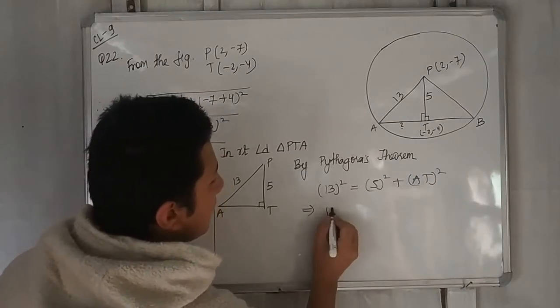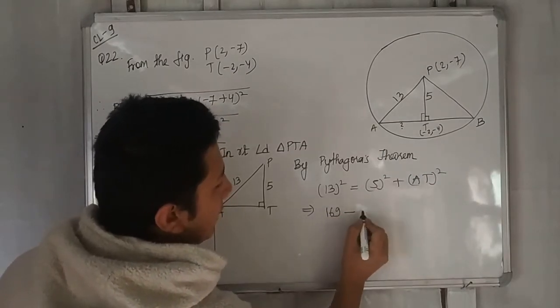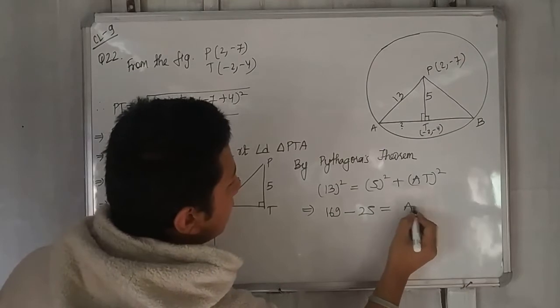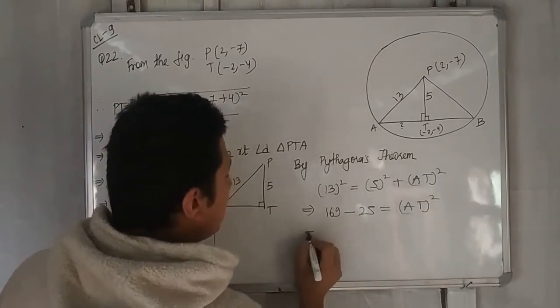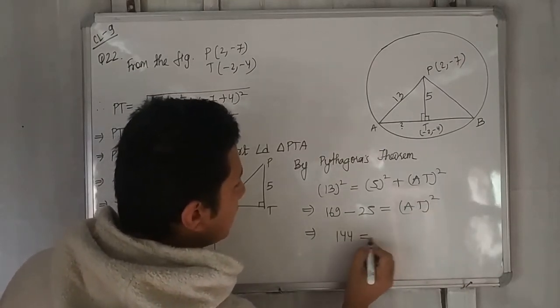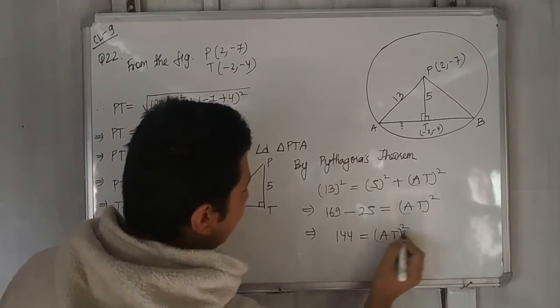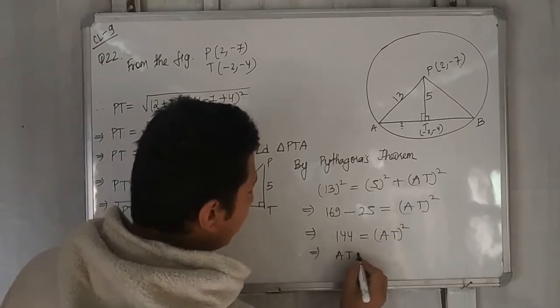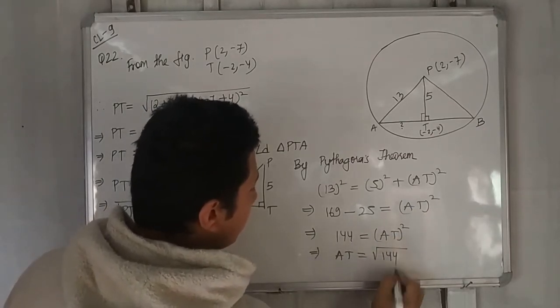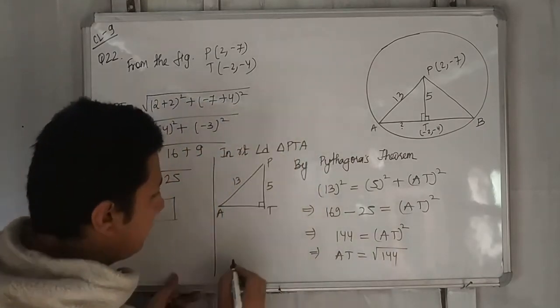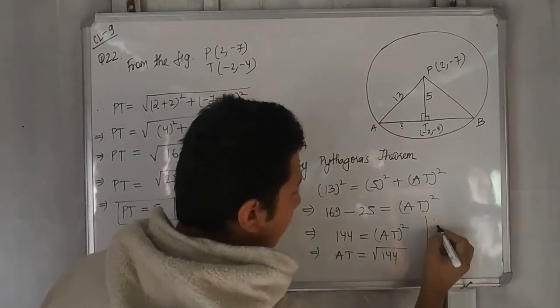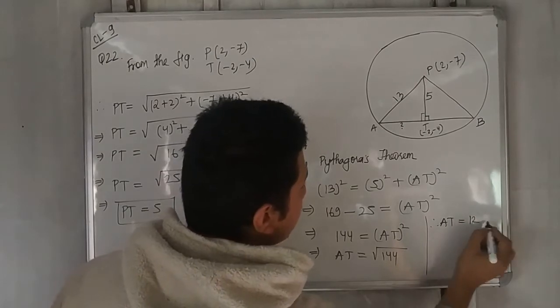So 13 square means 169 minus 25 is equal to AT square, which will be 144. So AT will be root over 144, therefore AT will be 12 units.